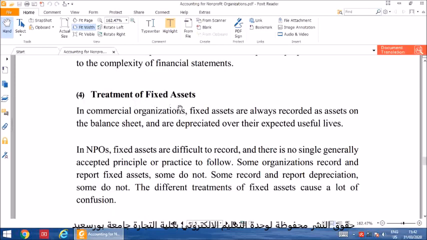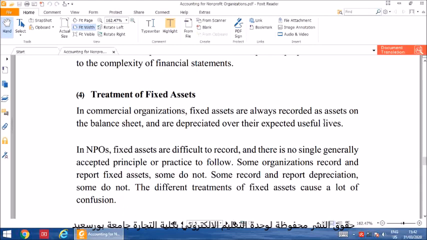Treatment of fixed assets. In commercial organizations, fixed assets are always recorded as assets on the balance sheet and are depreciated over their expected useful lives.